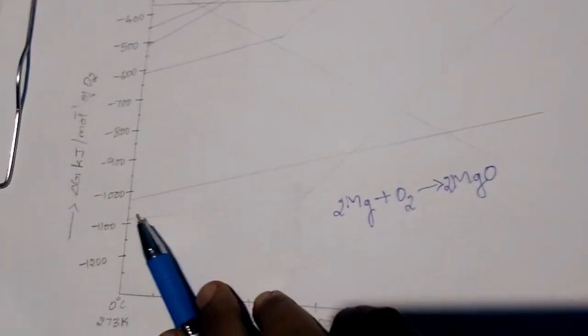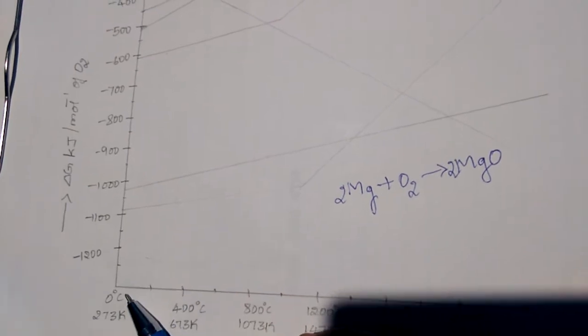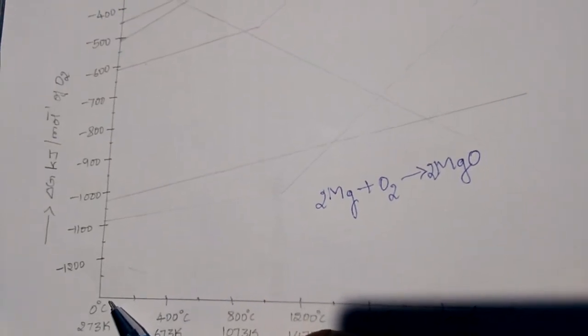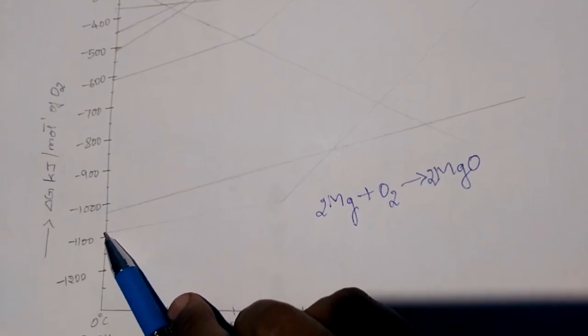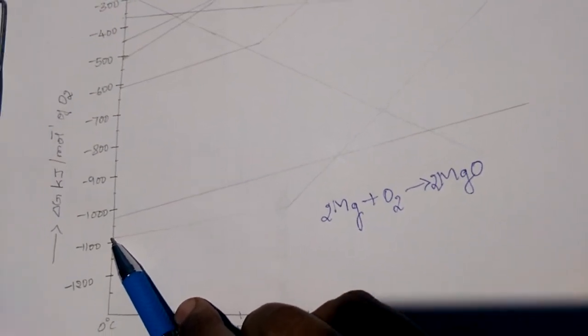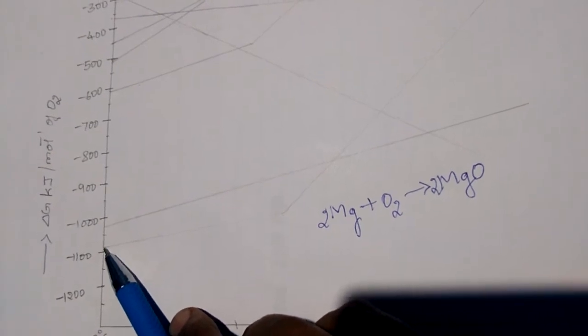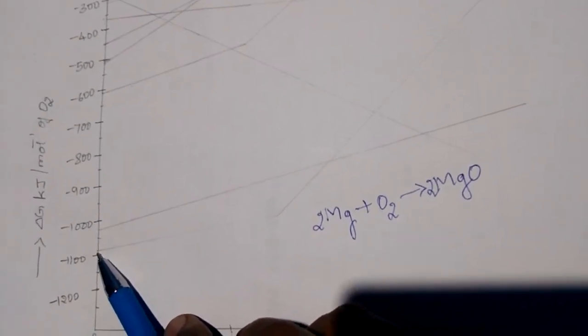What this line indicates is that at lower temperatures, the delta G is maximum, meaning at very high negative delta G values.